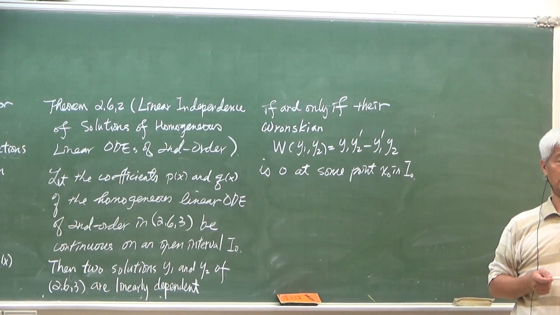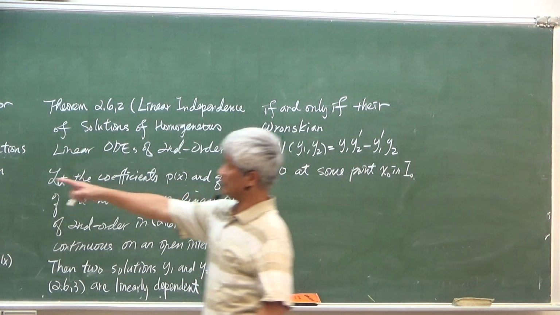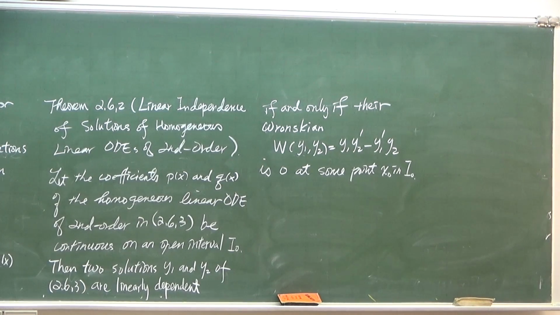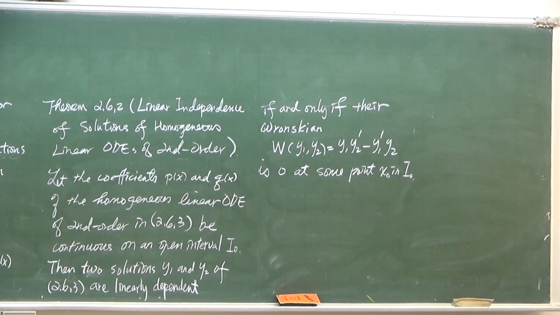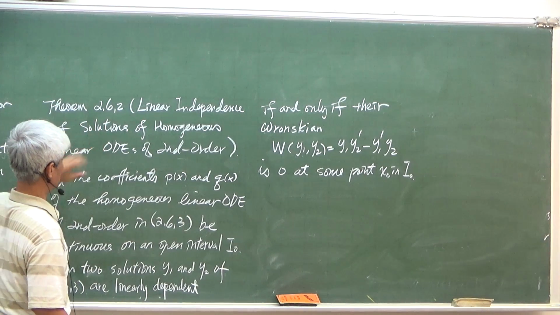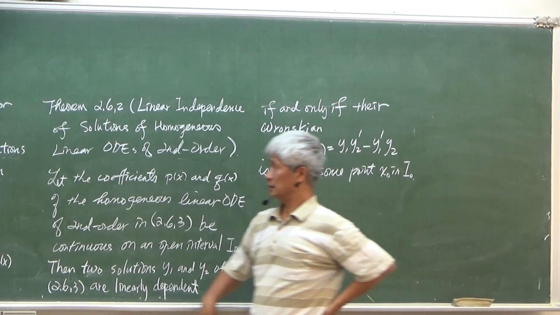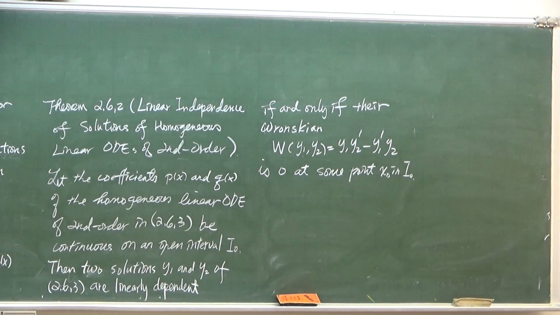The necessary condition tells you the Wronskian is identical to the 0 function on the whole interval. It means that the Wronskian is 0 at every point on the interval. This is the necessary condition for linear dependence.